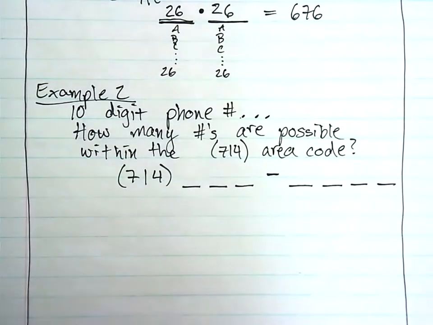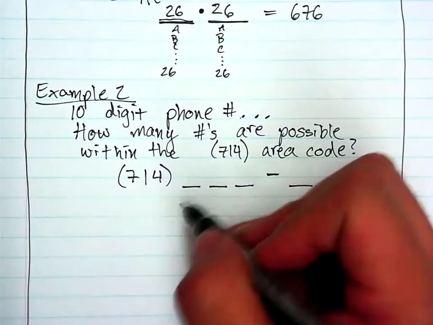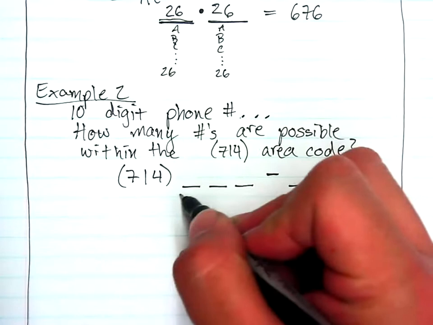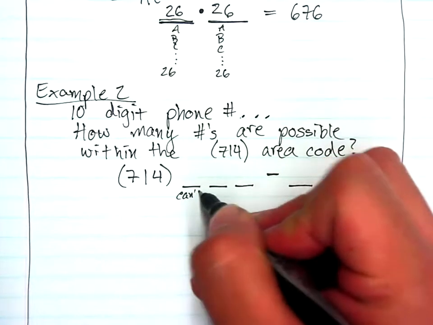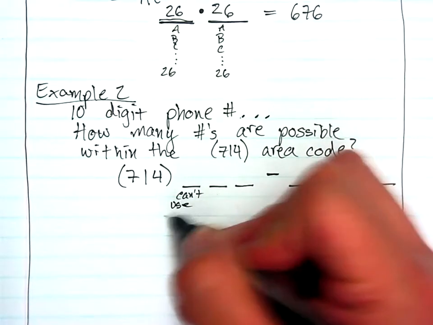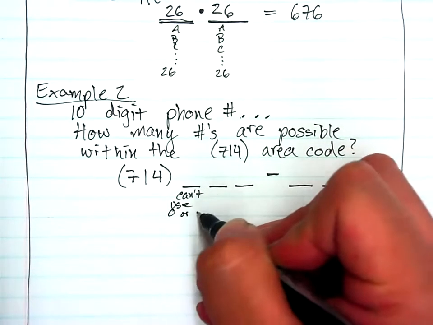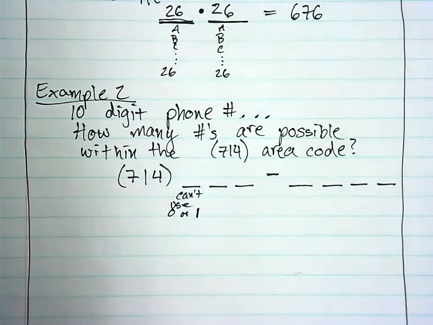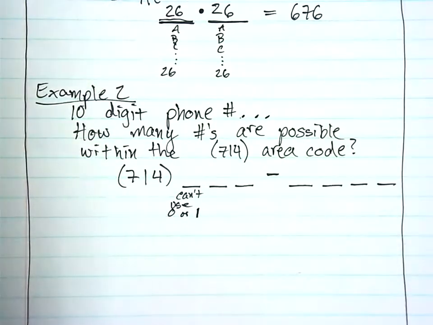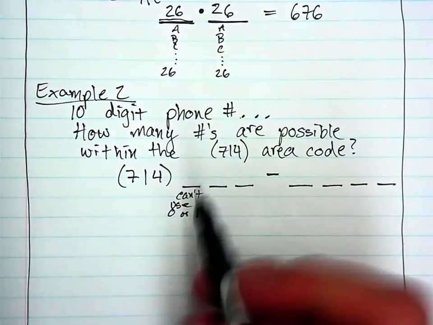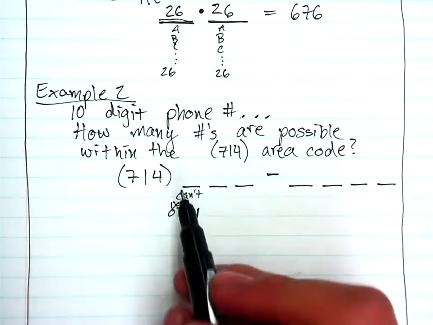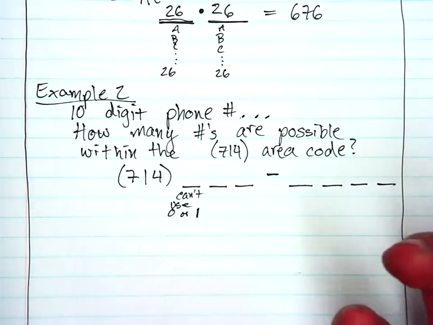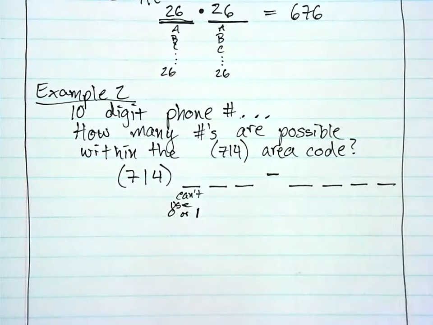Now, the one thing you do have to know and kind of bring in the real-life experience here is that I can't use 0 or 1 in this first spot. Okay? Now, that's something that either you're going to have to memorize or they're going to have to tell you, but 0 and 1 cannot be used in this spot. On the other hand, the numbers 2 through 9 are potential candidates.